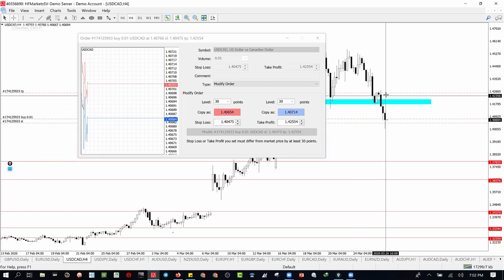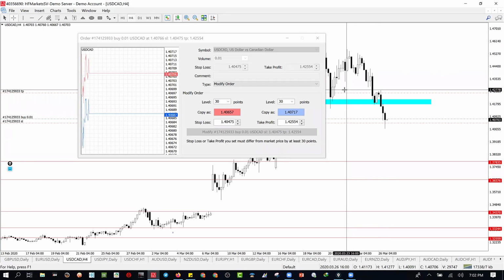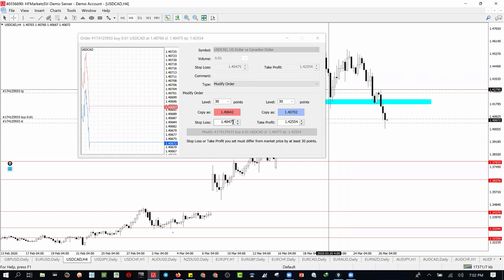Yes. Maybe I want to put my stop loss on the 1.42858. I'll make sure my crosshair is on that price level. And then right here, you can see it's on that level. Then I'm going to type in my stop loss right here on my chart, like 1.42795.